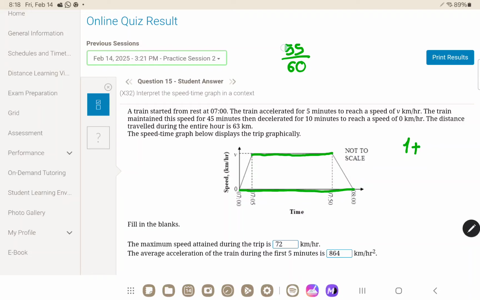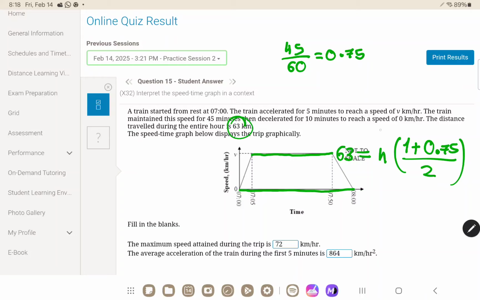Again, my calculations are off. 45 over 60. It's not 55, because it's 50 minus 5. So 45 over 60 is equal to 0.75. Now 1 plus 0.75, which is small base plus big base, over 2 times height, gives you your entire distance, which is 63.